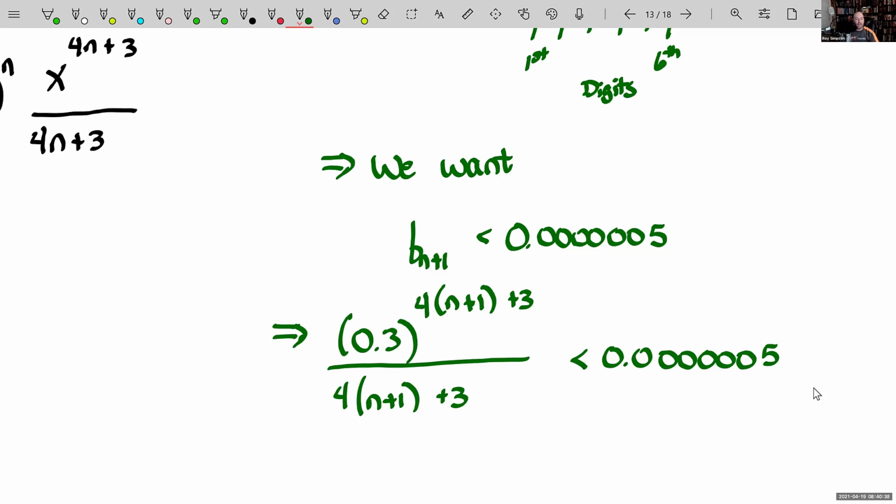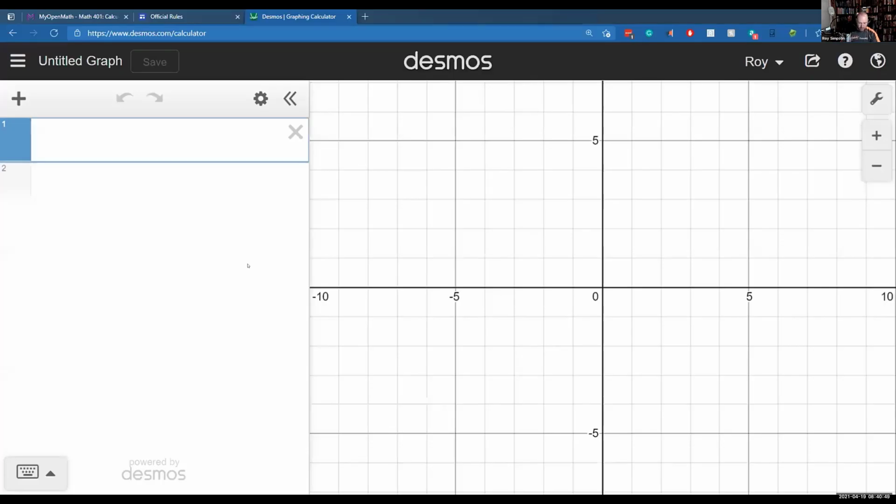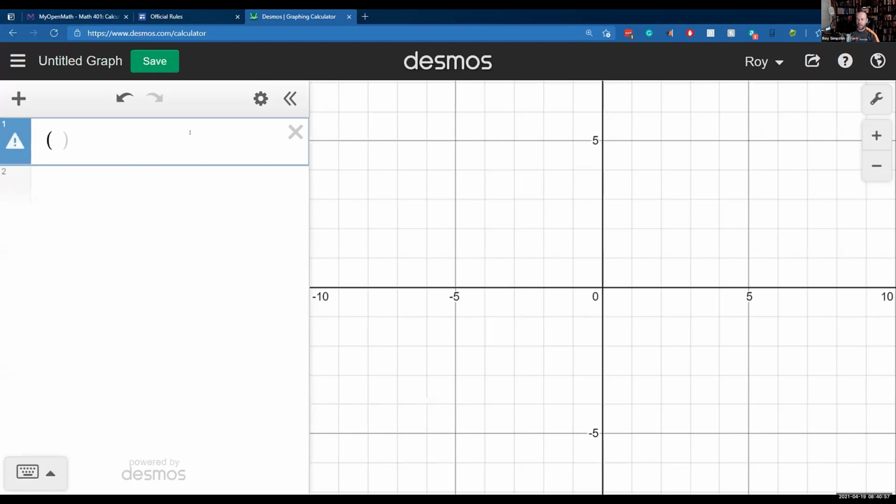All right. So I'm going to share my screen on my desktop. There we go. And that should be shared now. All right. And what I'm going to do is go ahead and find out when 0.3 raised to the 4n plus 7 is really what that comes out to be.